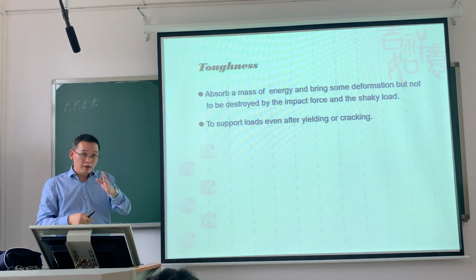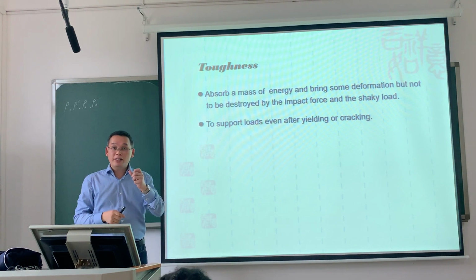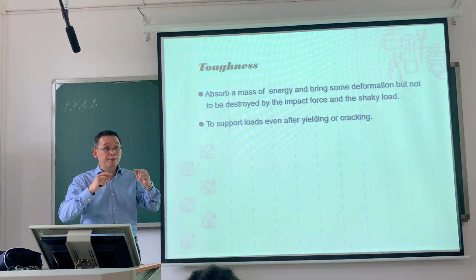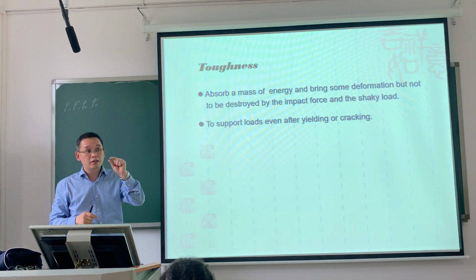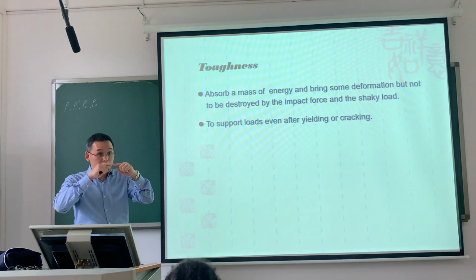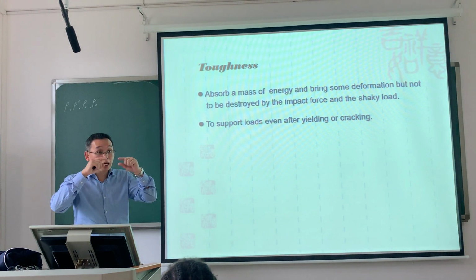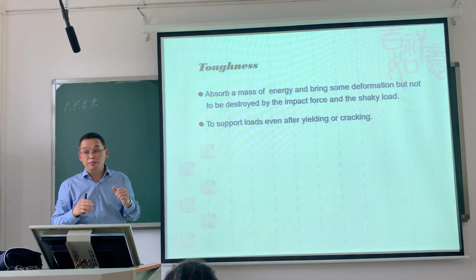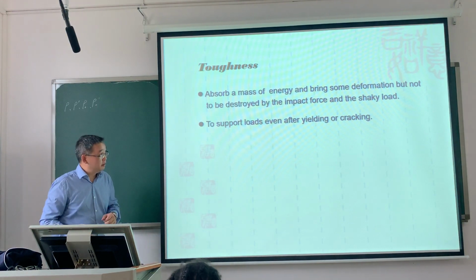So, simply, breakage means the strain is small, but it breaks suddenly. Toughness means the strain or the deformation is big, and it does not break.